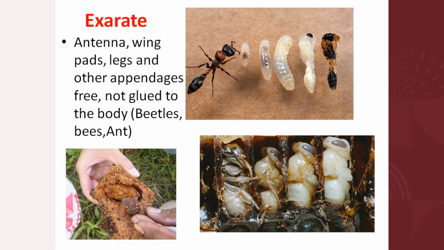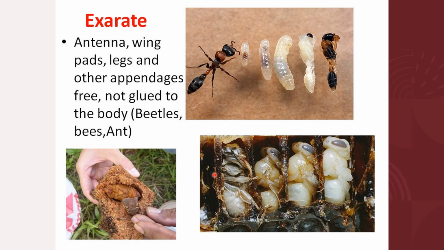Another type of pupa is the exarate pupa. In this type of pupa, the antenna, the wing pads, the legs, and other appendages are free, and they are not glued to the body. These are exemplified by the rhinoceros beetle, the bees, and the ants.